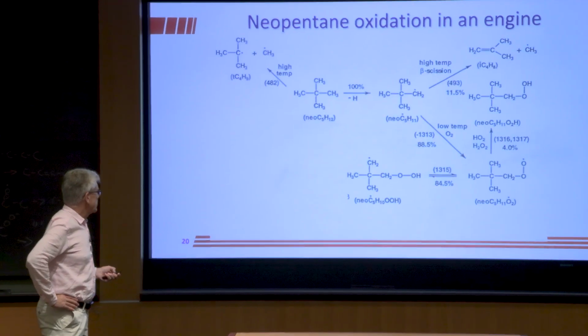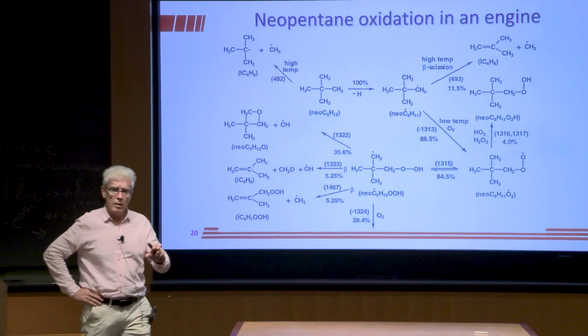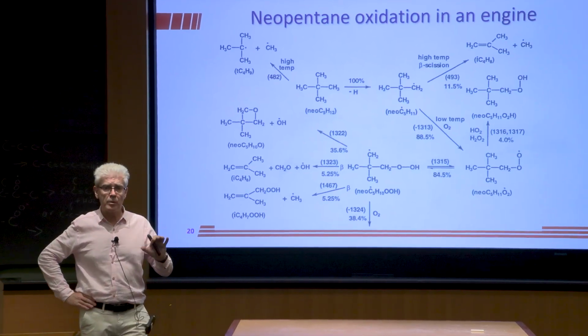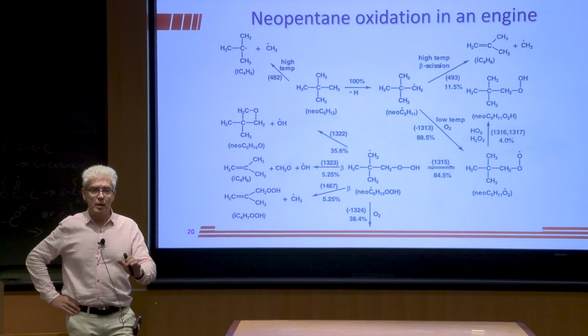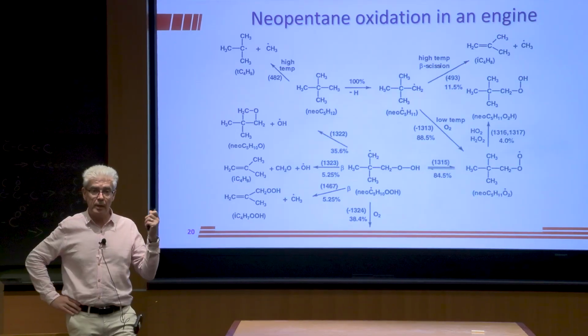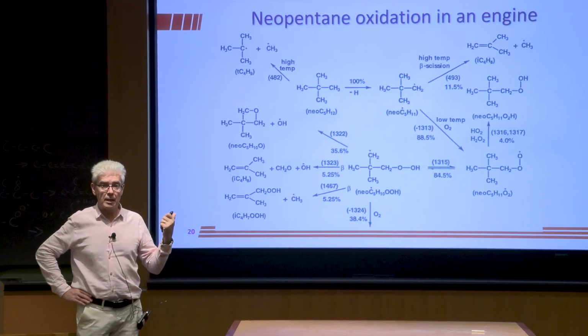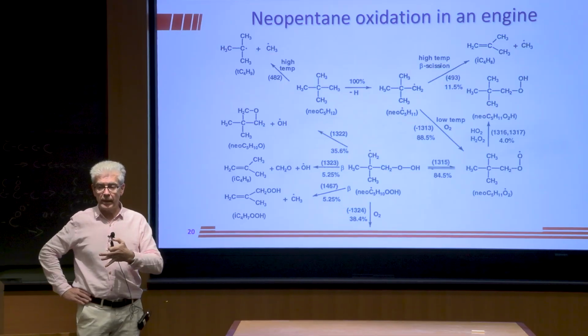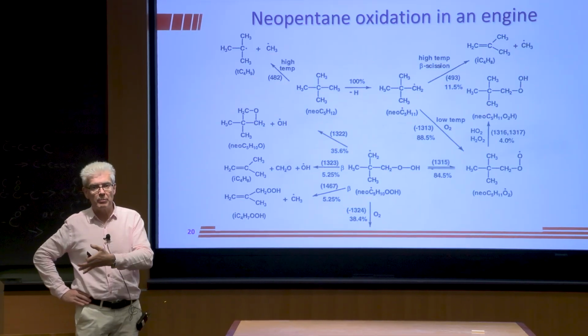All right, so that negative temperature coefficient behavior doesn't come from the reverse of R plus O2 gives RO2. It comes from the competition between RO2 going to olefin plus HO2, or QOH going to cyclic ether and other beta scission products, and/or adding to O2 again in the second addition, going to chain branching.